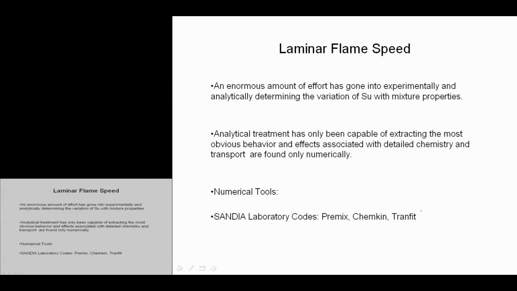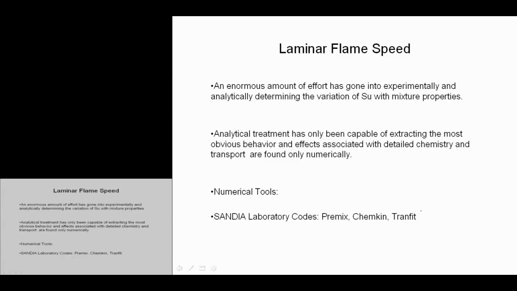So, to conclude, a lot of effort has gone into experimentally and analytically figuring out laminar flame speed. The analytical idea gives us obvious behavior, trends, and understanding of what the issues are. There is a whole range of numerical tools and codes used to predict laminar flame properties.